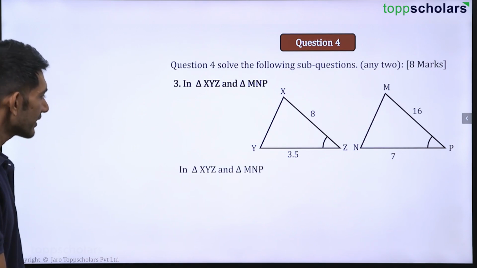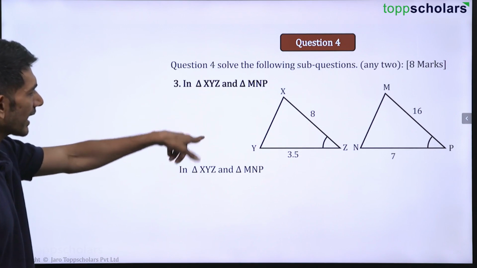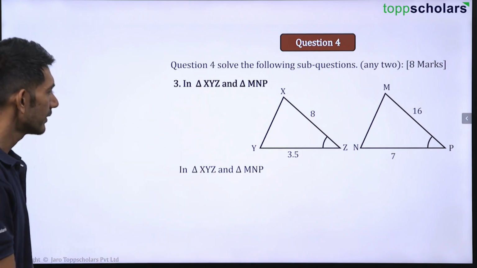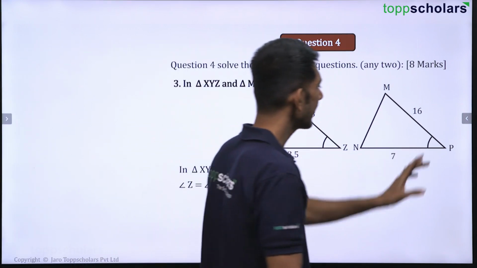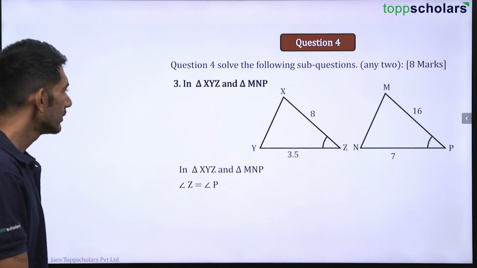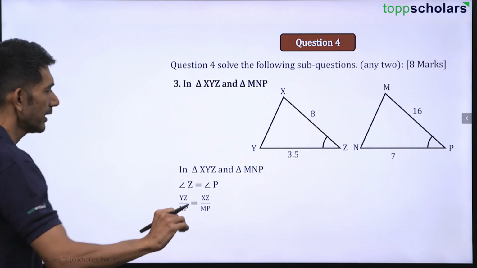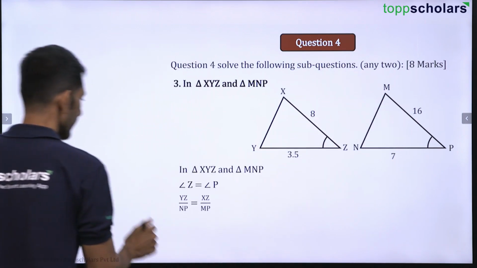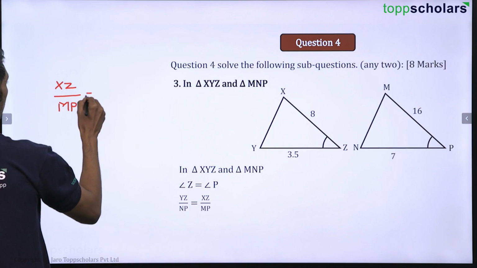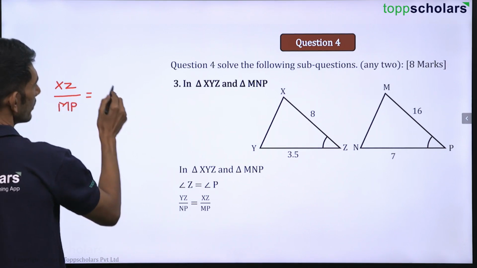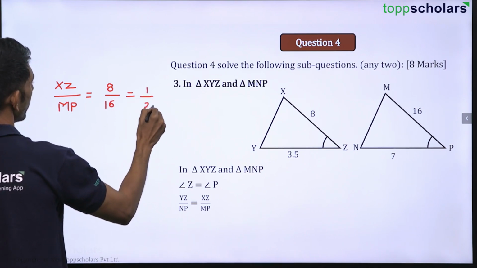So let's begin. It is given that we have triangle XYZ and triangle MNP. Can I say angle Z is equal to angle P? Yes. Angle Z and angle P, both of them are equal. Then can I say that if I take the ratio XZ by MP, that is equal to 8 by 16, and 8 by 16 is nothing but 1 by 2.